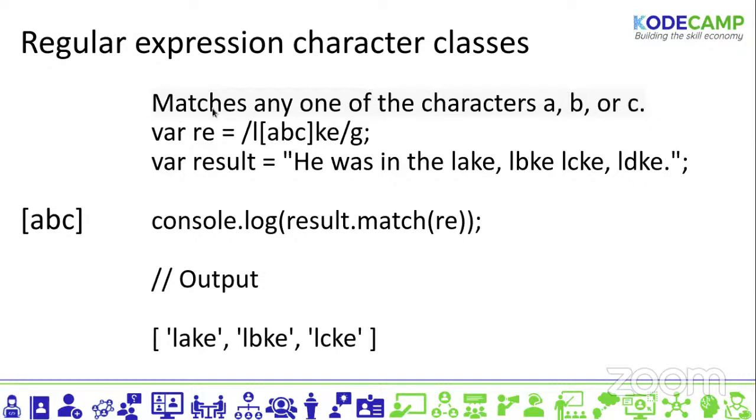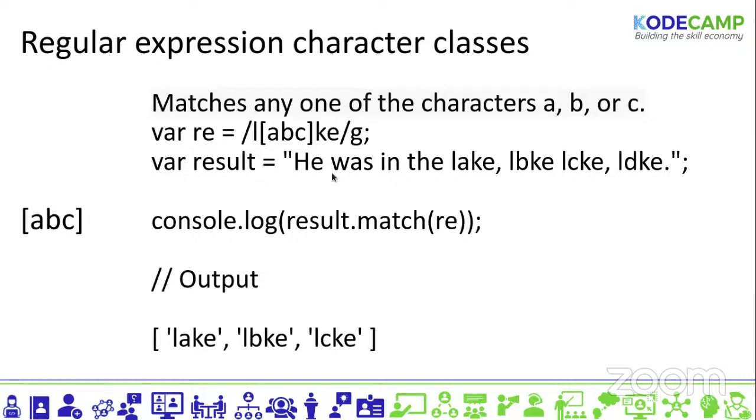So you are trying to say match one of the characters that has A or B or C. So in here, we want to check for LKE, where the letter in between L and K should be either A or B or C.